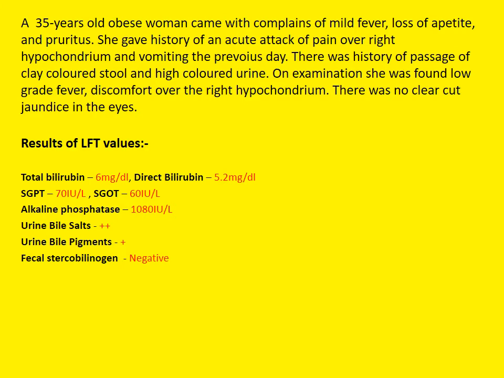A 35 years old obese woman complains of mild fever, loss of weight, pruritus, history of acute attack of pain of the right hypochondrium and vomiting previously. Next, clay colored stool, high colored urine, and the parameters given in the chart.